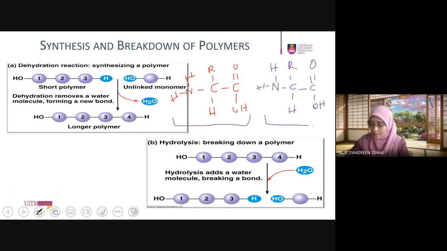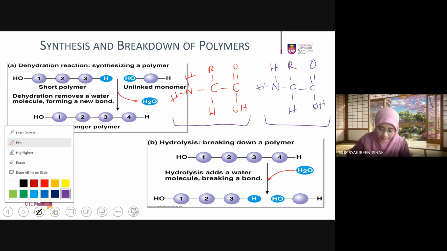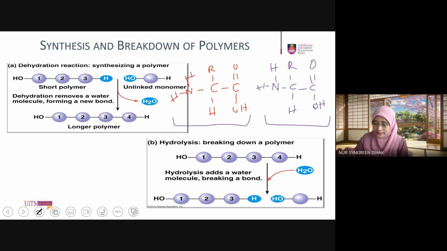This is another monomer of amino acid. The reaction is dehydration to attach the monomers together to form a polymer. Because it is a dehydration reaction, a water molecule will be removed. The reaction removes a hydroxyl group, the OH from the carboxyl group, and also a hydrogen atom from the amino group of another monomer.